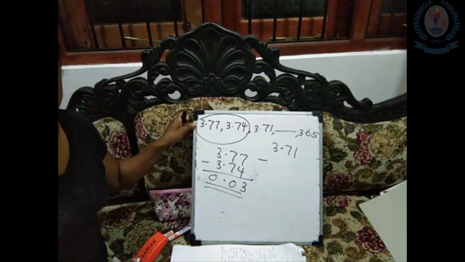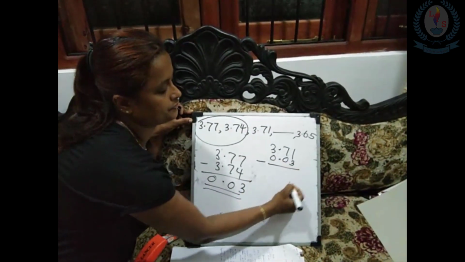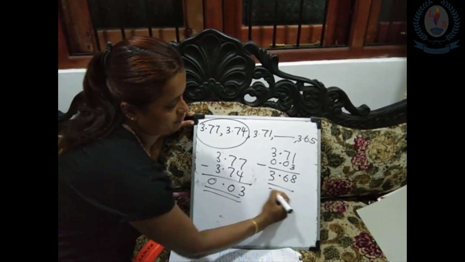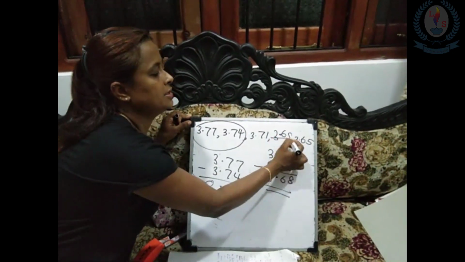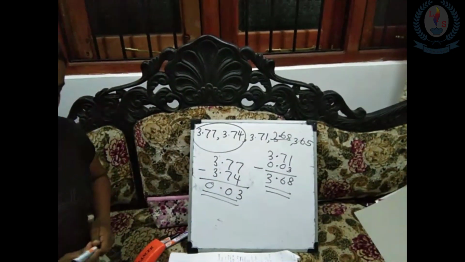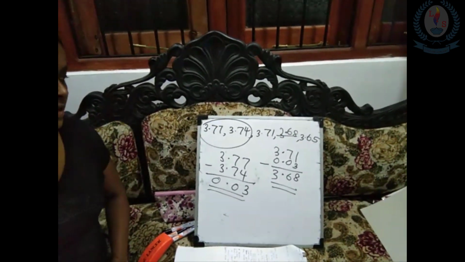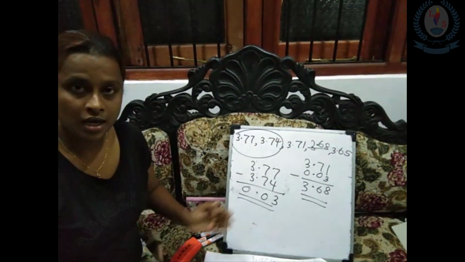Here we have to subtract 0.03. This is the missing decimal, 3.68.